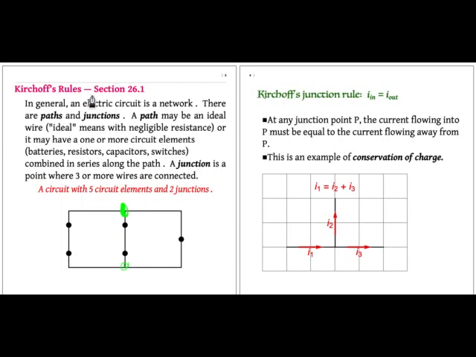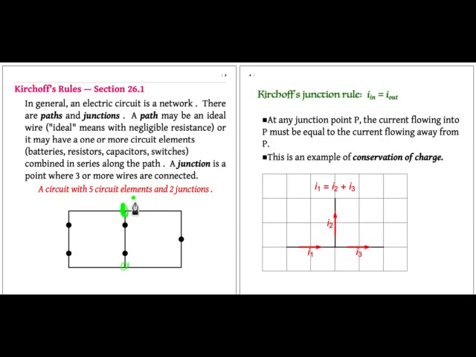All right, now, there are 2 Kirchhoff's rules. There's the junction rule, which says that at any junction point in the network, the current flowing into that point must be equal to the current flowing away from that point.